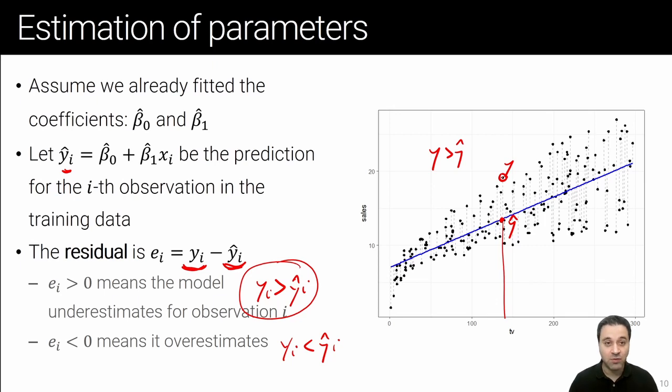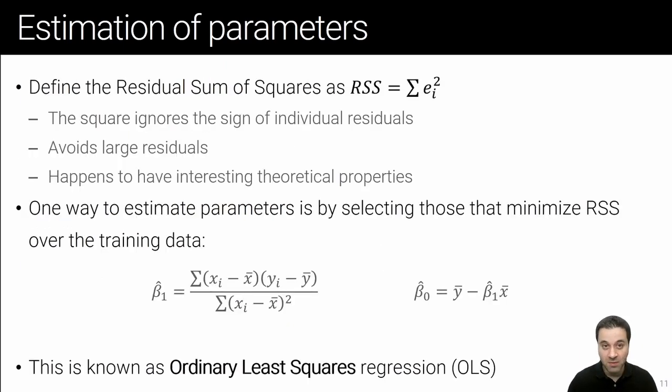It's the difference between what the model estimates and what the model should have estimated in case it was a perfect model. And so thinking about the residuals, and in particular thinking about all the residuals in the training set, we could come up with this term, the residual sum of squares, the RSS. So it's essentially summing over all the instances in our data set the magnitude of the residual, let's say the residual squared.